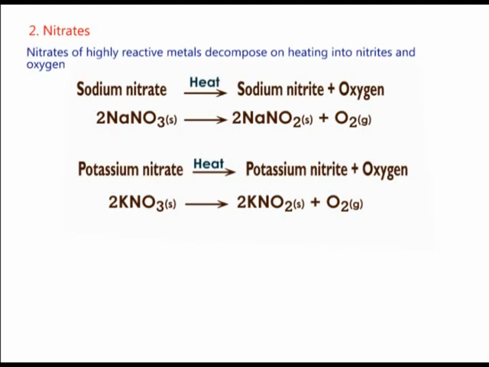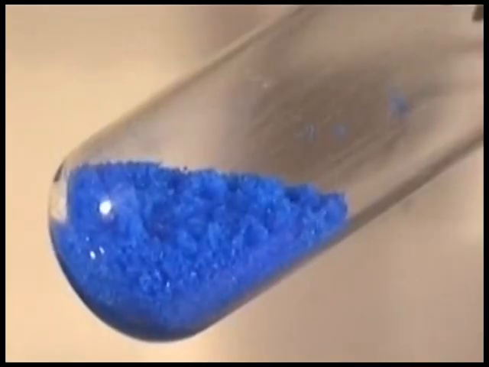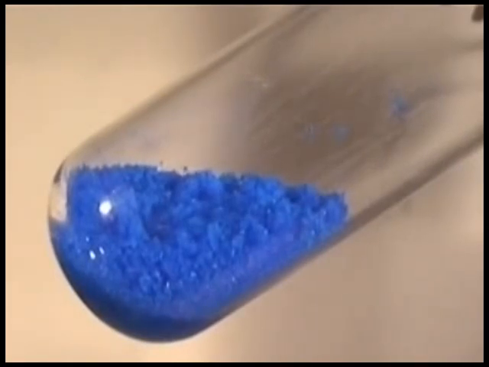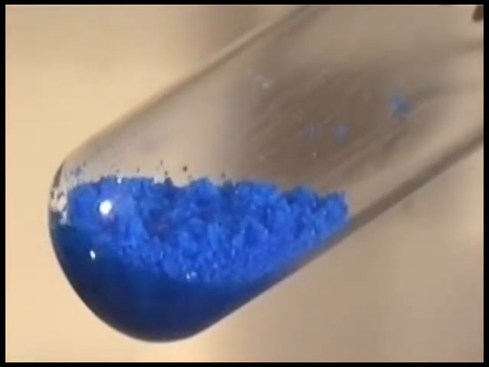The nitrates of moderately reactive metals like zinc, lead, copper, and iron decompose differently. Now, some solid hydrated copper nitrate is heated in a boiling tube. It first dissolves in its own water of crystallization.